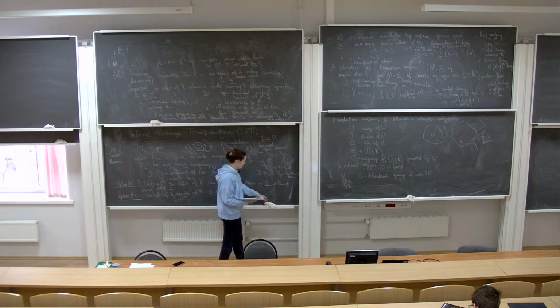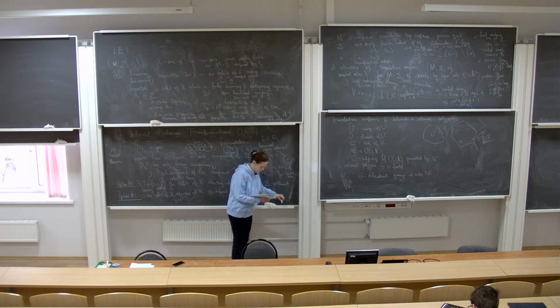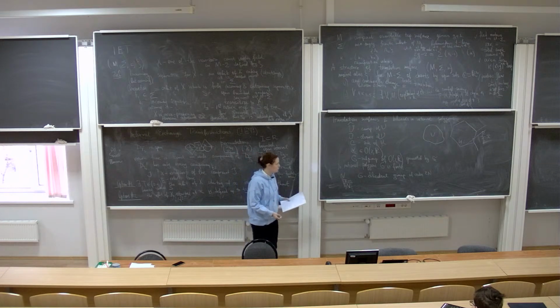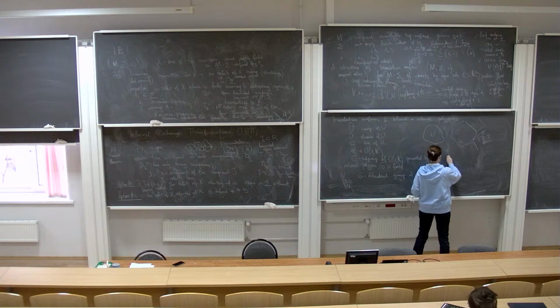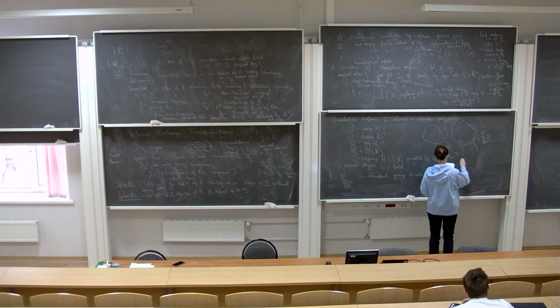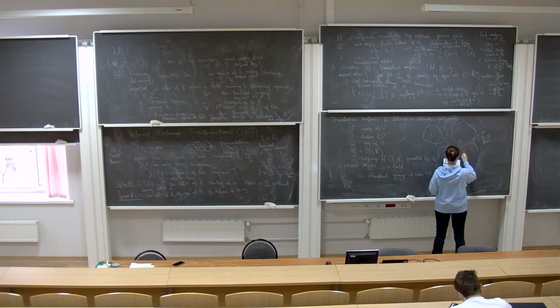And I will need a few more notations. We will use them more later, maybe in the next lecture, but it's good to fix them now. So first, it's a translation for every interval. We said that we have a length vector. Now we fix a translation vector as well.